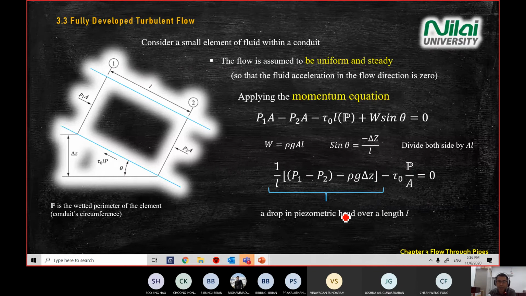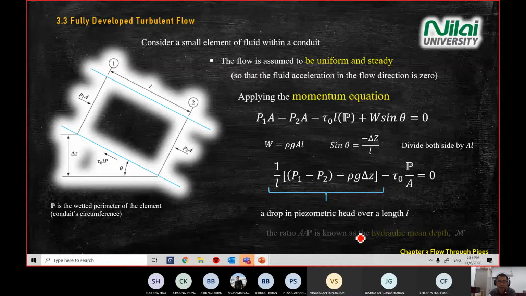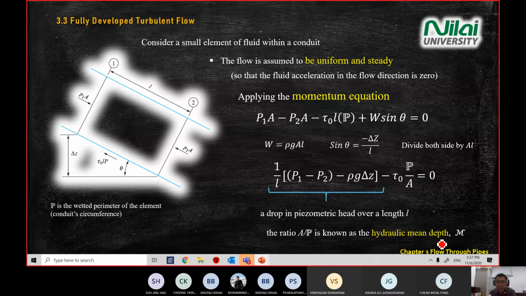Right. So this one you can read from the slide later on. Yeah, this is just a side note. If you take A divided by the perimeter, all right, if you take A divided by the wetted parameter, this one, not pressure, area divided by wetted parameter, is known as hydraulic mean depth.